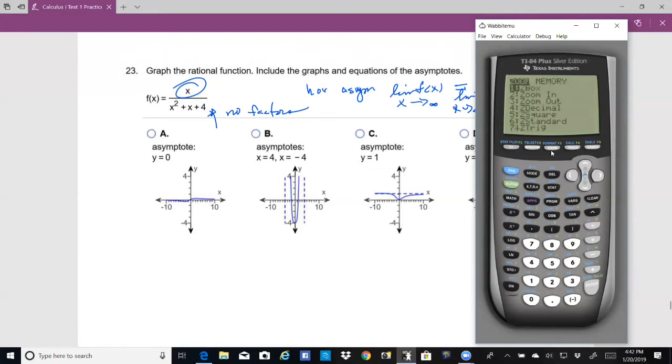Let's zoom to the standard window. And looks like it's going to be answer A. Yeah, going to be answer A.